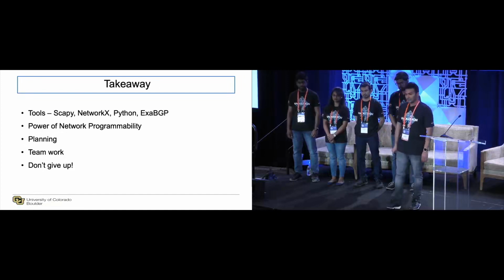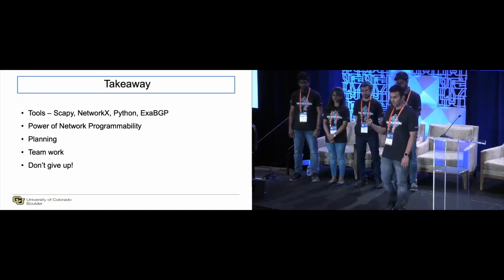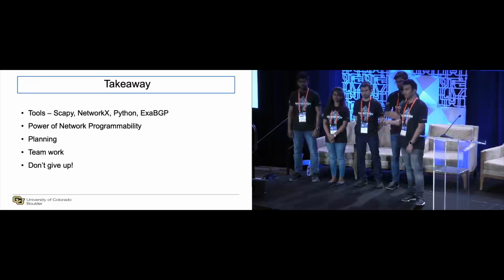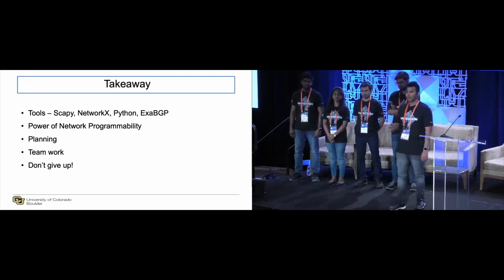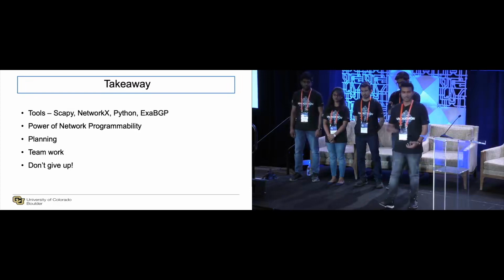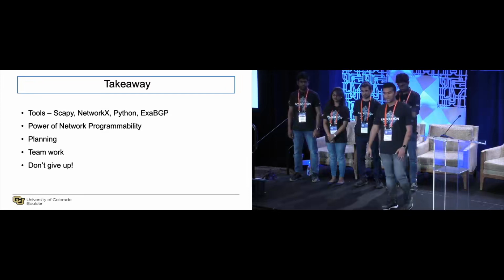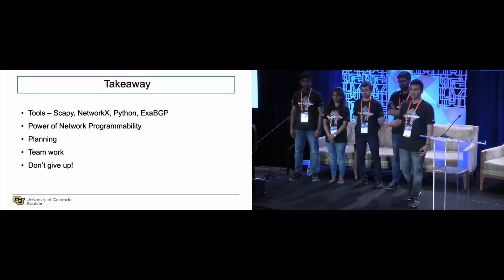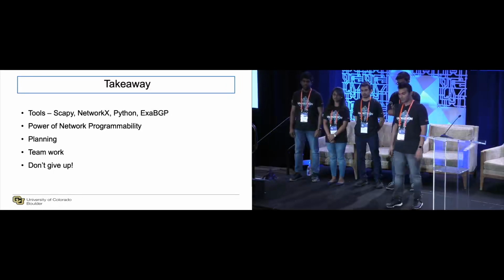There were many things that we learned from this hack. We learned many tools which were presented to us by Oracle, and we had a chance to dig into them. Like I said earlier, time is a constraint, time is money. We learned how network programmability can be used to reduce the time complexity and make an efficient, automated network script.